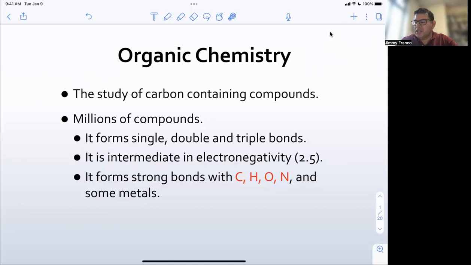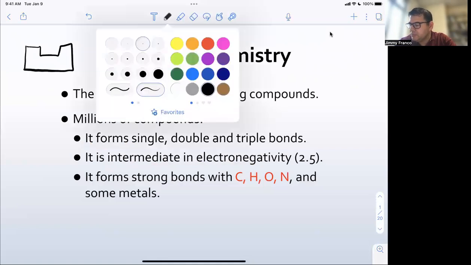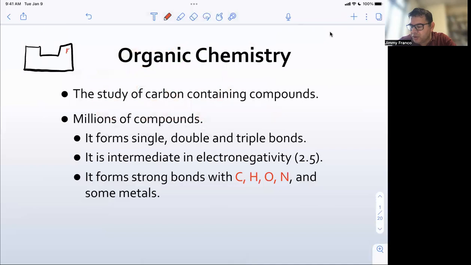If you remember in Gen Chem, and I can do this really quickly, if we think about electronegativity and your periodic table, as you get towards fluorine, we become more electronegative. If we zoom in on this portion of the periodic table, it goes carbon, nitrogen, oxygen, fluorine.